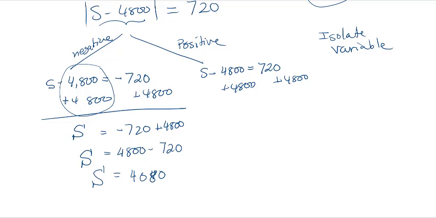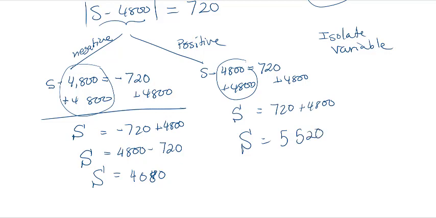Let's look at our second equation here for the positive situation. Here again, when we add and subtract, we cancel these two numbers. So we have S equals 720 plus 4,800. So S equals 5,520.